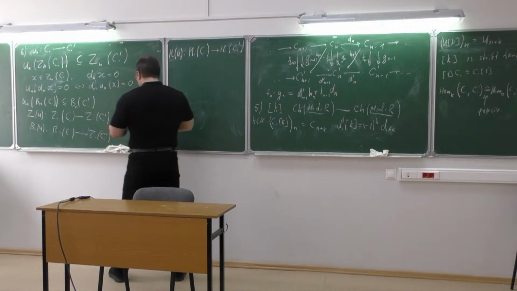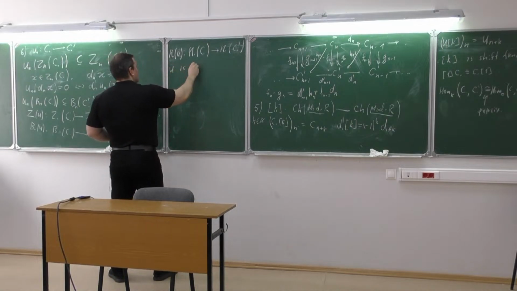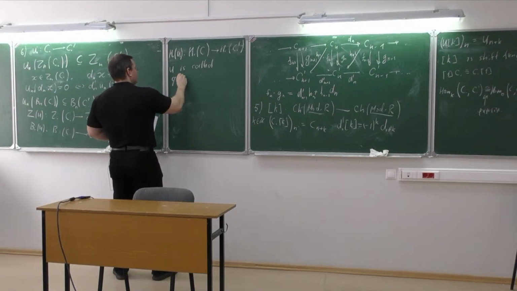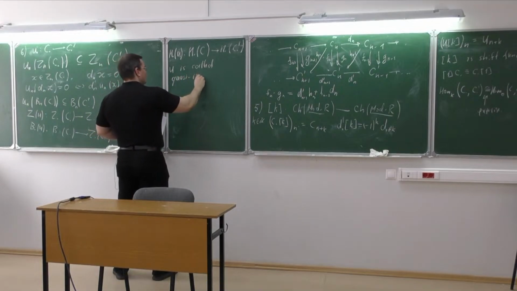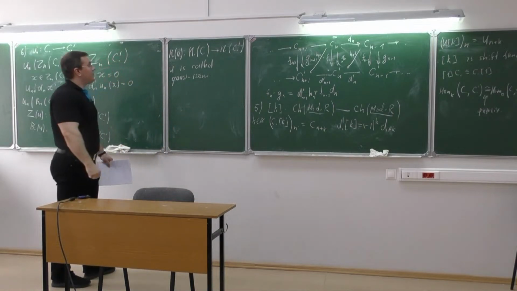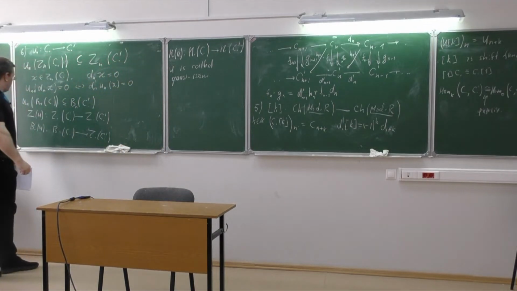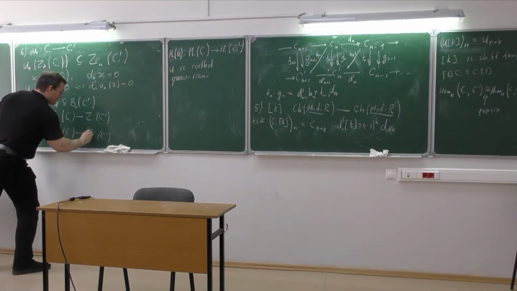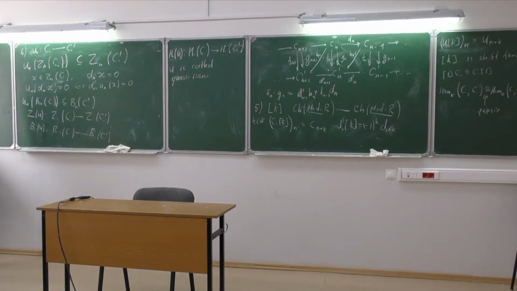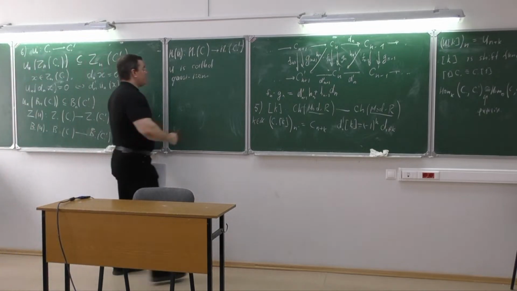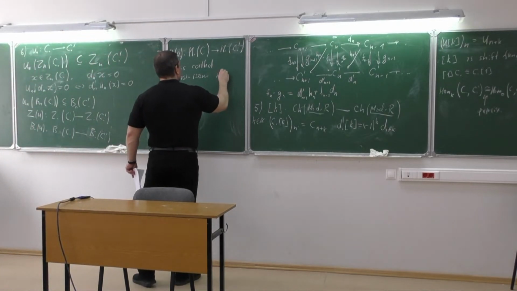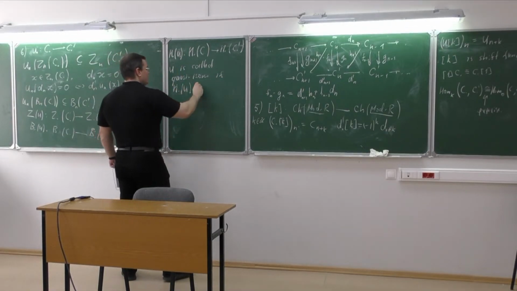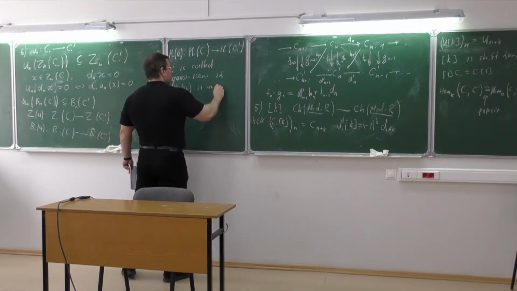So, and finally, U is called a quasi-isomorphism if the map induced on the homology is an isomorphism.